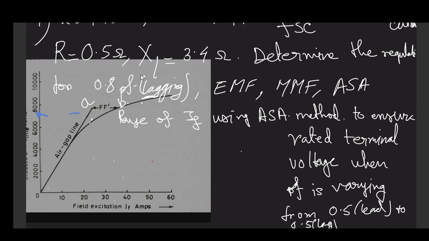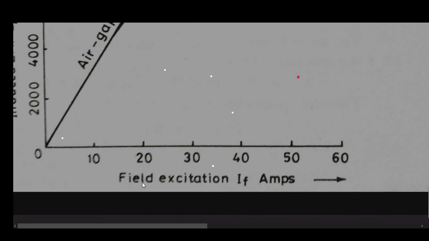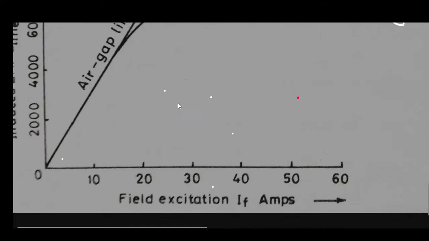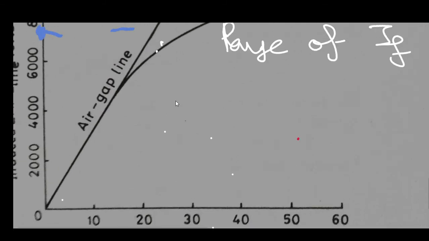When we get that much voltage, 6600 volt, perhaps we will get it for some value, that is 21 ampere, right?